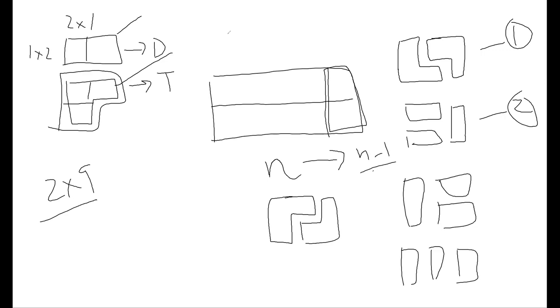If there are, suppose, 10 ways to get this n minus 1 filled, all of the 10 will be applicable for n, because for each combination you're just adding one domino at the end.